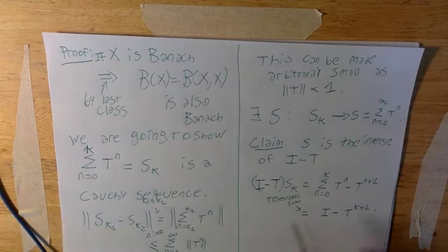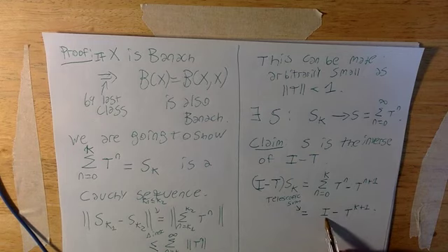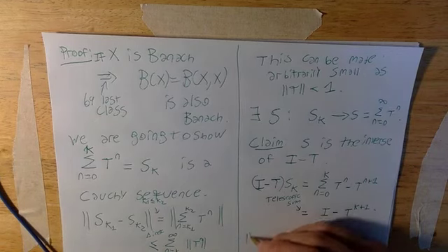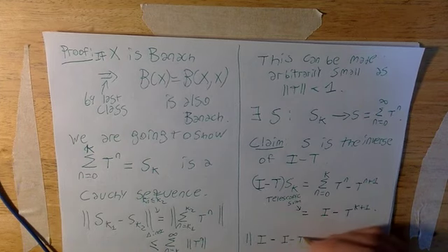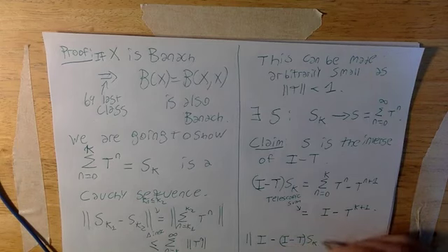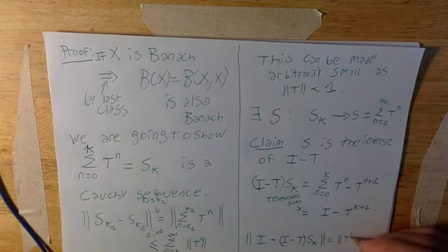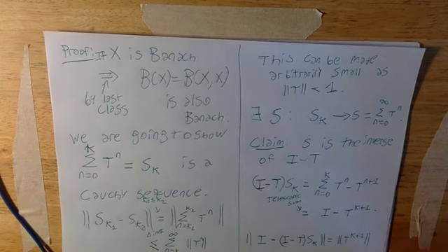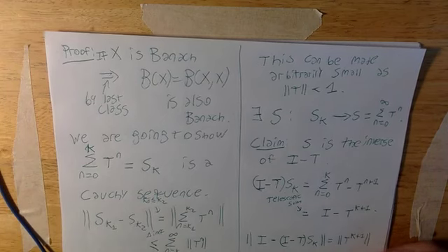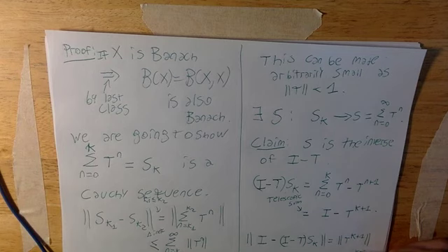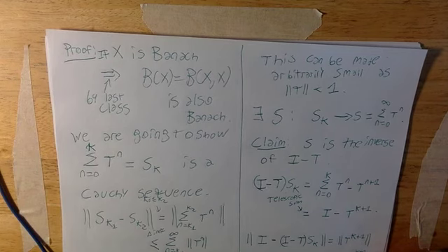Okay, so in particular, I minus t times s_k is a small perturbation of the identity. Okay, so what we can check is that if we take identity minus I minus t times s_k, the norm of this is going to be equal to the norm of t to the k plus 1, which in turn is less or equal, and this is again by last class, to the norm of t to the k plus 1, which goes to 0 as k goes to infinity.